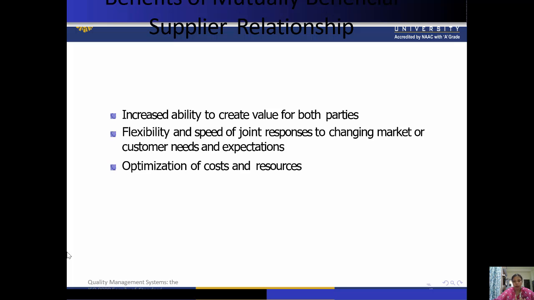Similarly, it optimizes the cost and resources, because both parties have certain resources, and both are sharing their resources. So a reduction in cost may also occur because they are sharing the resources.